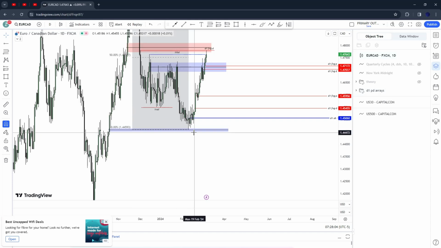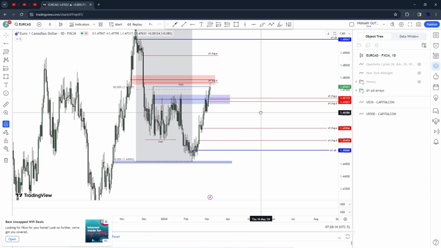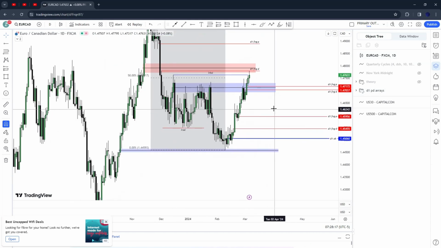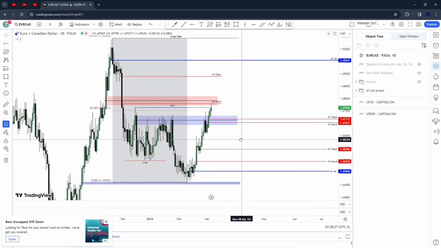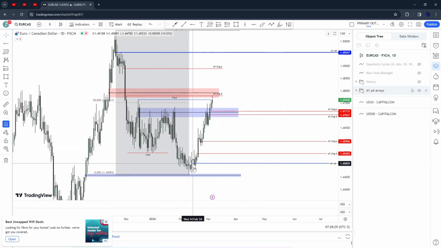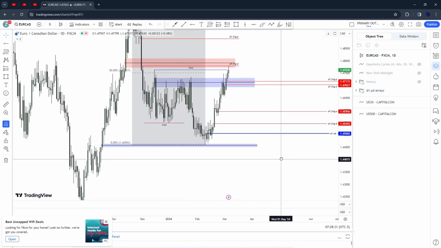So this, in essence, is an internal range liquidity run. Sorry. Not only does it run internal on these lows in here, but as well as this one, which would be relatively equal with these in here, which has liquidity resting below it. So we have an internal liquidity run, right?